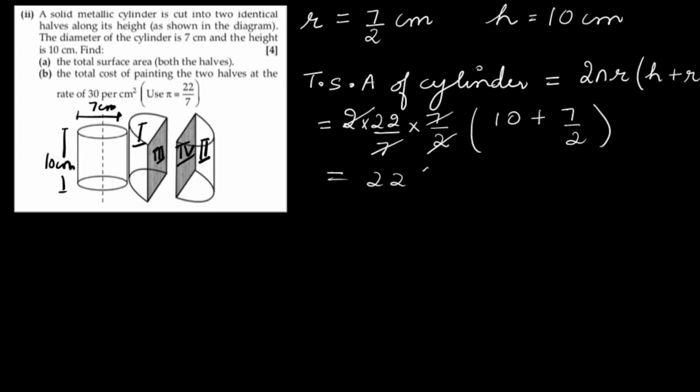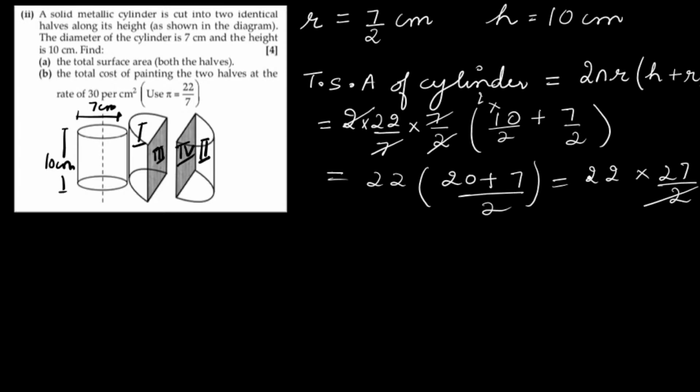So 22 into, let's take the LCM here. Multiplying 2 up and down, it is 20 plus 7 by 2. So this is 22 into 27 by 2.